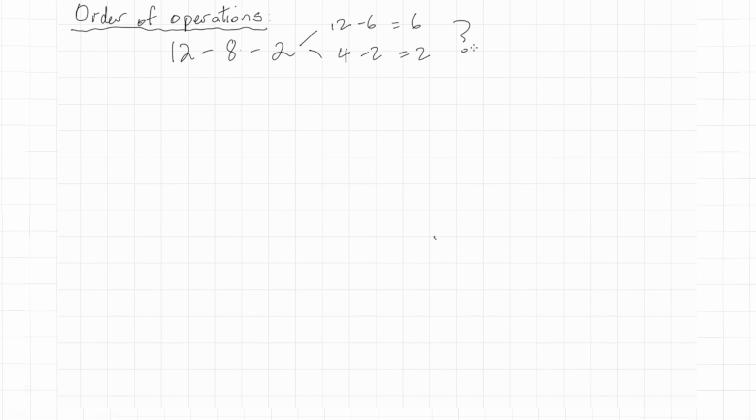So I'll go through and just give you a way in which we can remember this. You may remember BODMAS. BODMAS was a way of remembering the order. B stands for brackets, so if there are any brackets, you do them first. O stands for of.